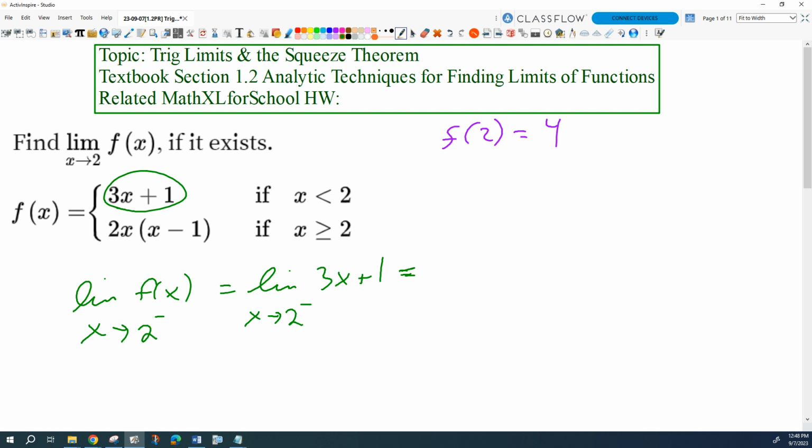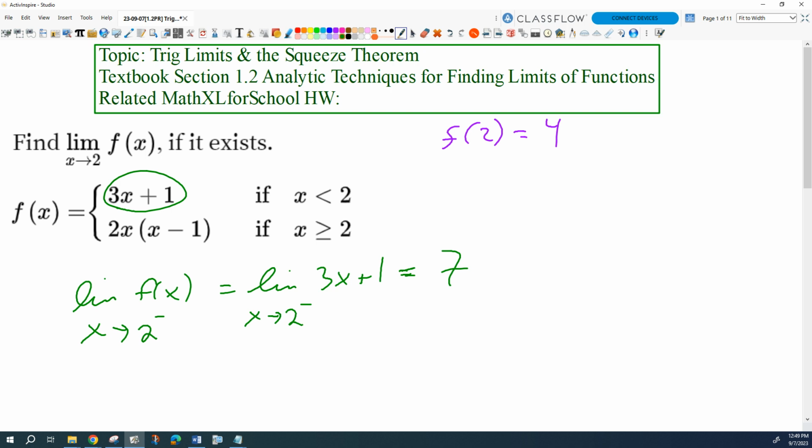Okay, but why were people hesitant about that or unsure? Is it because of that negative sign? Did that cause issues? Think what that negative sign means. It just prescribes a direction, but the value we're approaching is still what? 2, right? The value we're approaching is 2, and so when we're trying to evaluate this limit, this is just a regular looking limit, right?